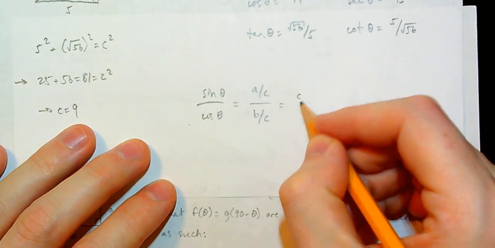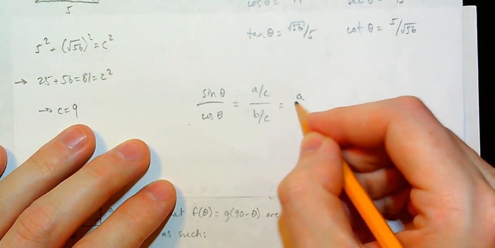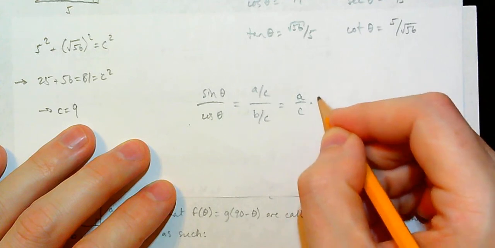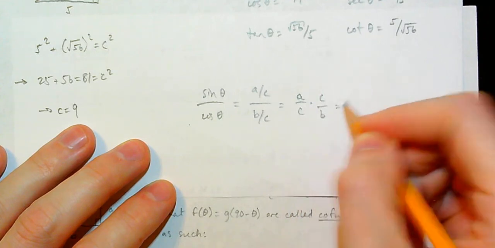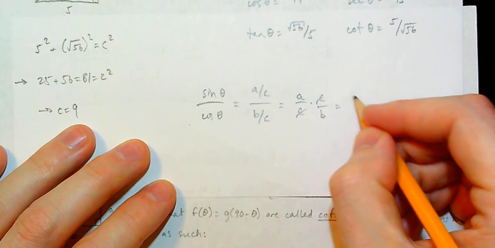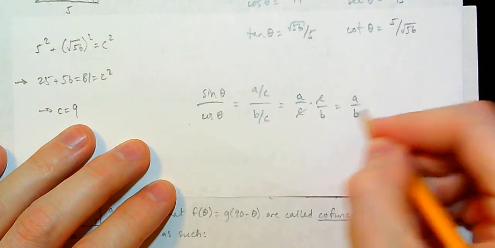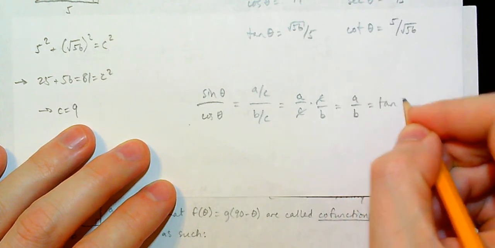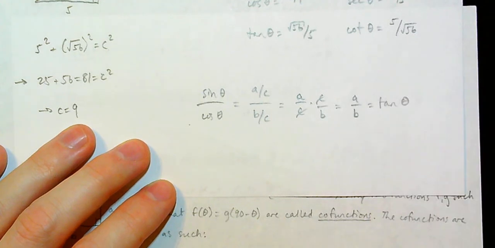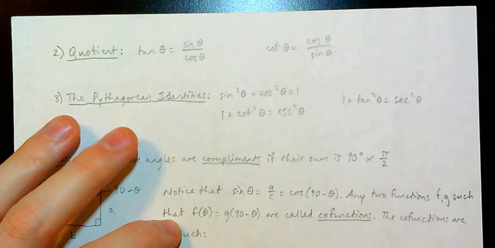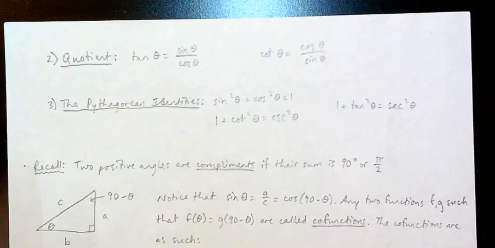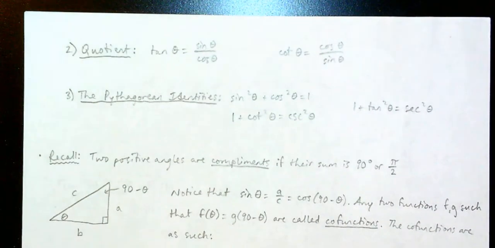So A over C divided by B over C is actually A over C times C over B. The C's cancel out, and you have A over B, which was identically tangent of theta. And then since we can get cotangent by taking tangent and flipping it, you get cosine over sine for cotangent.